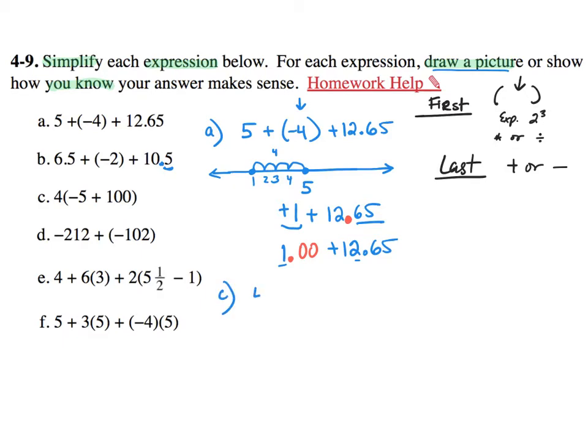Okay, I'm going to do C. If you haven't done the other one, stop the video. I'm copying the problem down, and I am seeing grouping symbols. Inside the grouping symbols, I have 2 numbers that I can add, and a little visual.